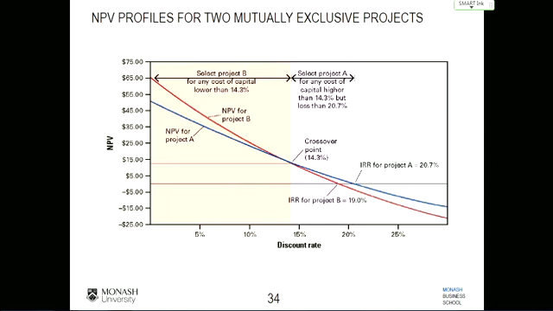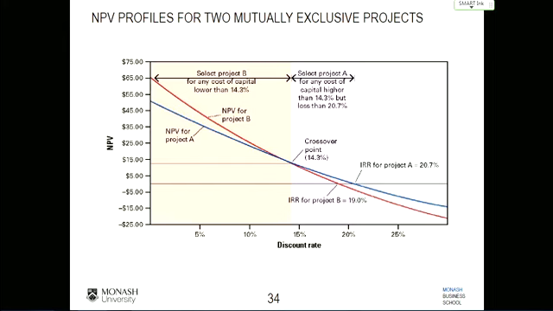So if you look at this crossover point, can you see this? At this discount rate, the NPV of the two projects are identical, right? To the left of the point here, it means that if we apply a lower discount rate than 14.3%, you see that the red curve is above the blue curve.